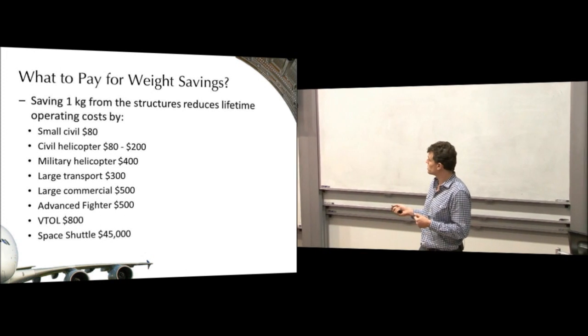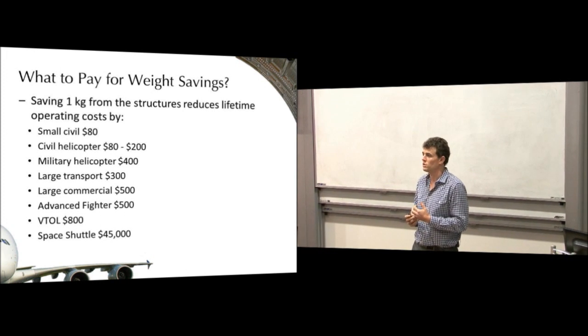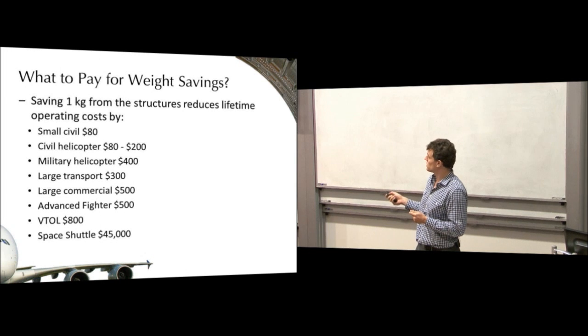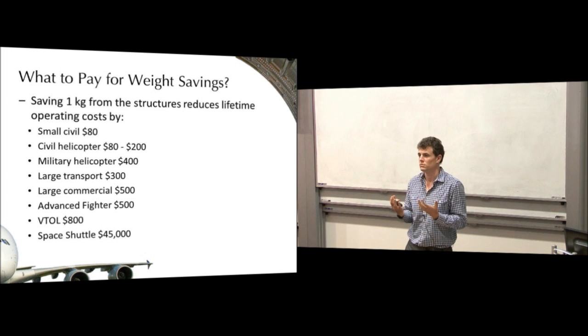So obviously for the space shuttle, you take a kilogram out, you're saving a lot of money, but for smaller aircraft, it's not as much as you'd think. And the reason that we're seeing composites at this end of the market as opposed to this end of the market is purely for that dollar reason. It's a lot of effort to redesign parts to be made out of composites.